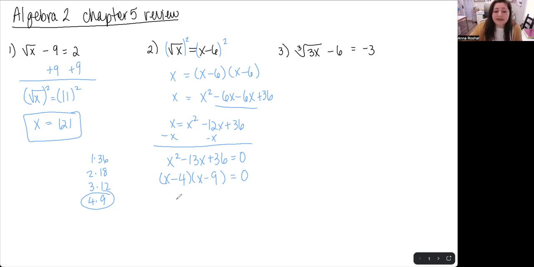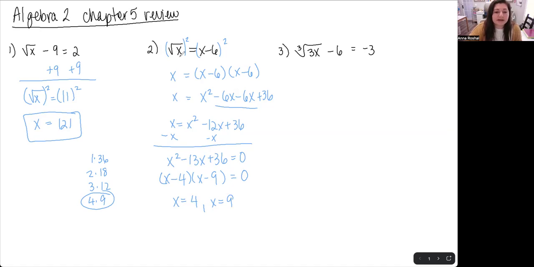Okay. Then I'm going to say x is equal to 4 and x is equal to 9. Now, one of the things that you want to do is double check to make sure your answers are correct. If I put 9 in place of this x, I'm going to end up with 3 on the left-hand side and 3 on the right-hand side because 9 minus 6 is 3.